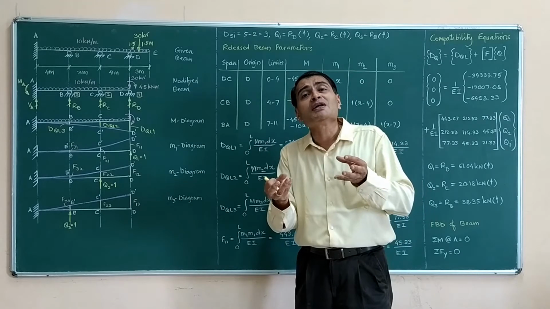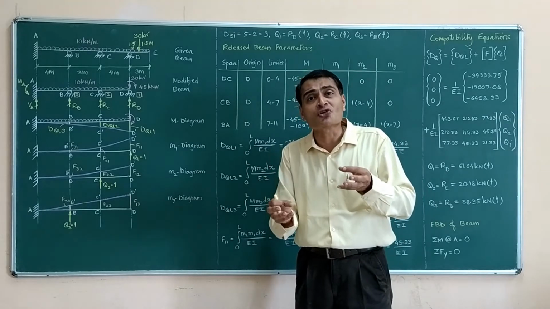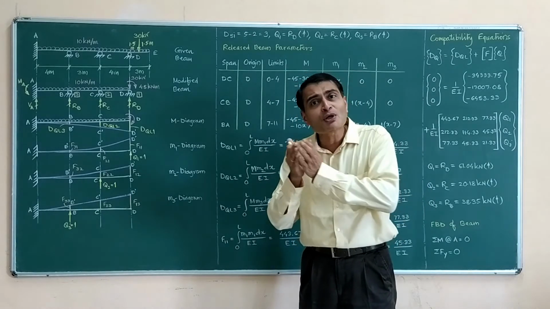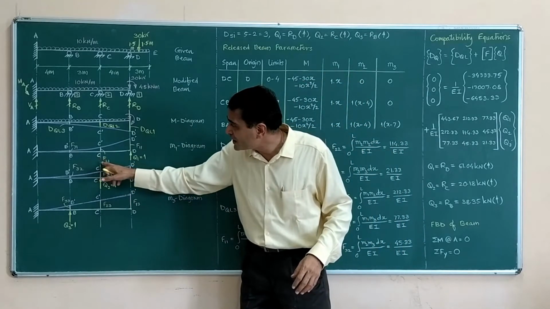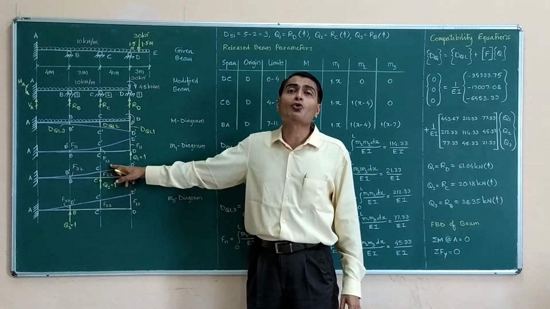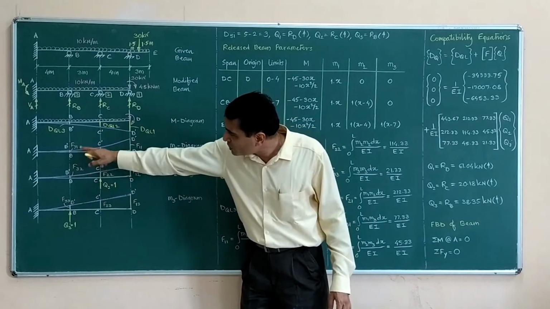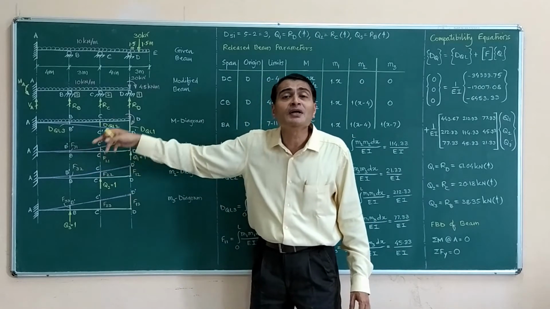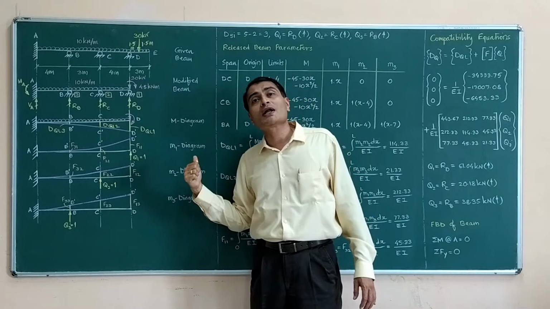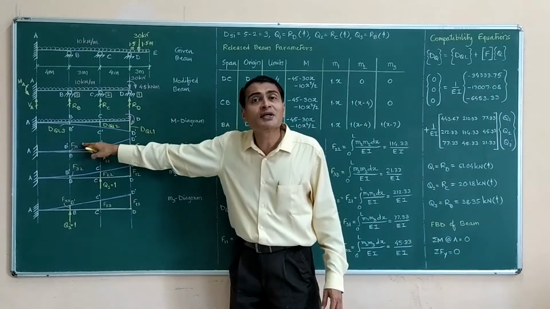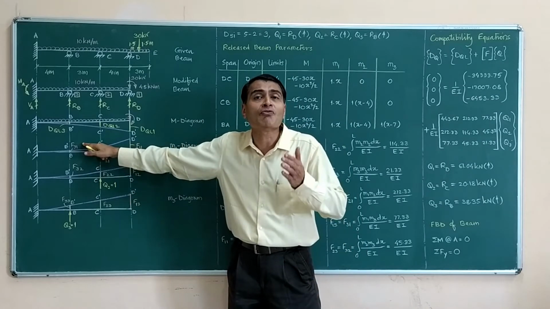Second subscript is always location of cause. This has happened because of this, that is what we stated. So it is flexibility at 2 due to unit load at 1. Similarly, observe displacement BB prime. It is deflection at node 3 due to unit load at node 1. So we are calling it flexibility F31.